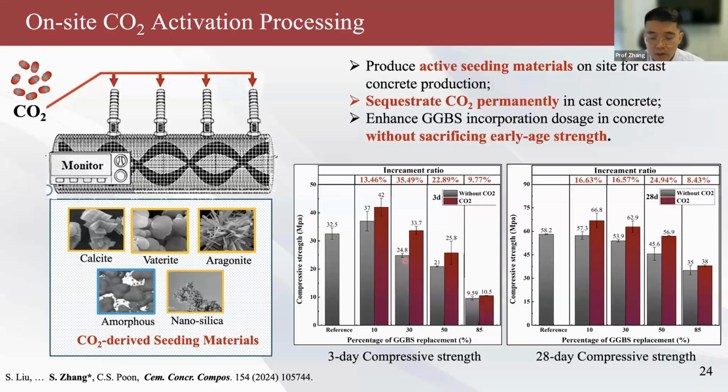For example, with a GGBS incorporation of 30%, compared to the reference of 100% OPC, the hydrated batch recorded a lower strength, but using our reactor we can achieve a similar level of strength to the reference.